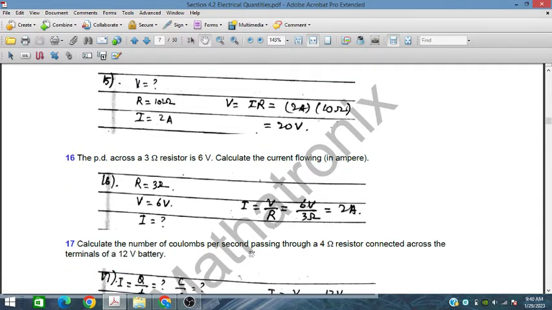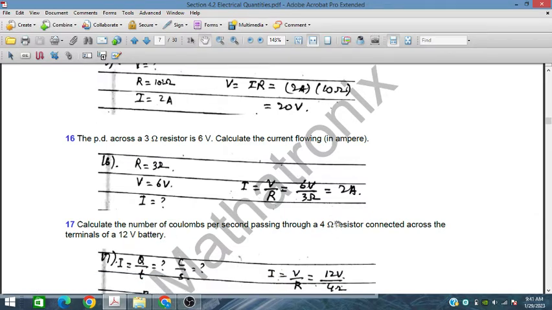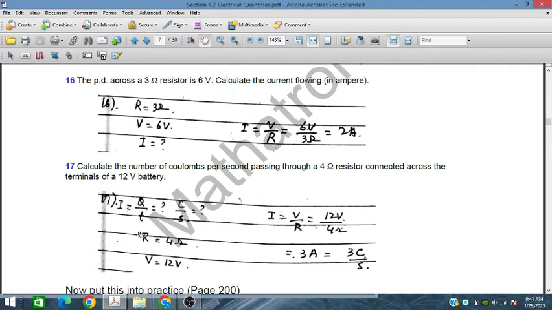Calculate the number of coulombs per second passing through a 4 ohm resistor connected across the terminals of a 12 volt battery. So we have been given the resistance and the battery voltage. I is equal to Q upon T, and basically I is equal to V upon R, this 12 volt and this R is 4 ohms.